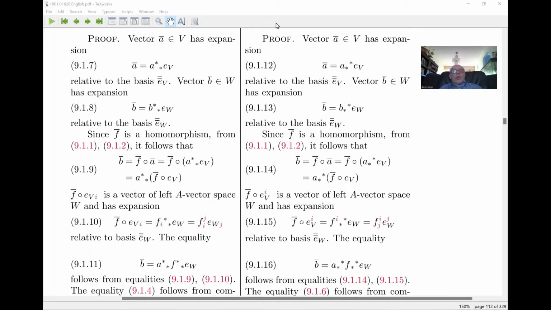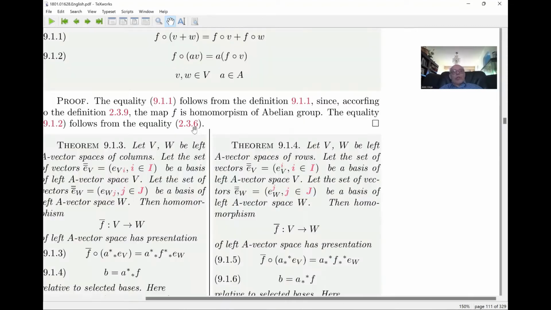Vector a in V has expansion 1.7 related to the basis e_V. Vector b in W has expansion 1.8 related to the basis e_W. Since F is homomorphism, then we can use equalities 1.1 and 1.2.